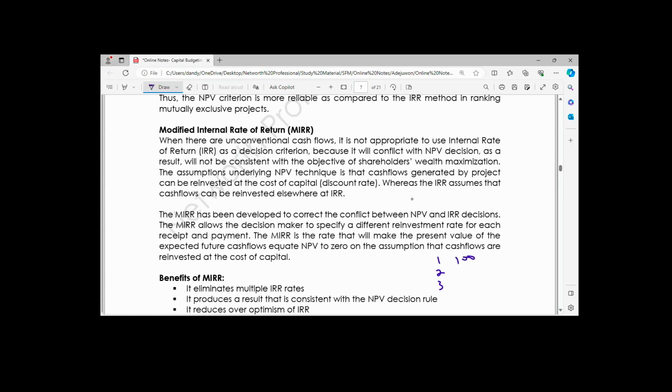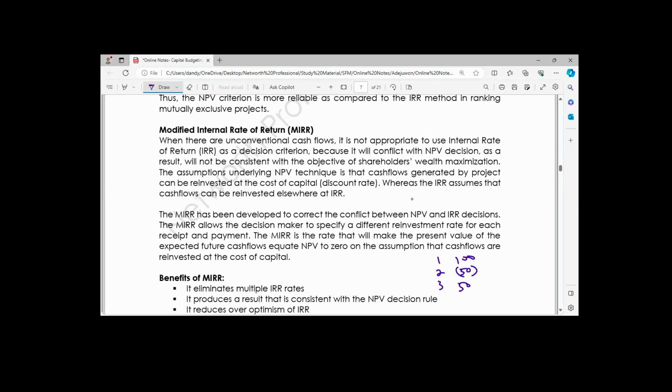In the second year, you may have a negative cash flow. In the third year, you also have a positive cash flow, on and on like that. So they are a mix of positive and negative. That represents unconventional cash flows or irregular cash flows.